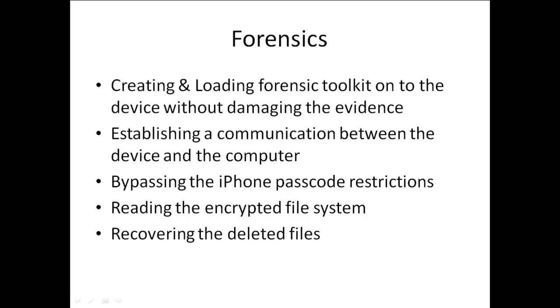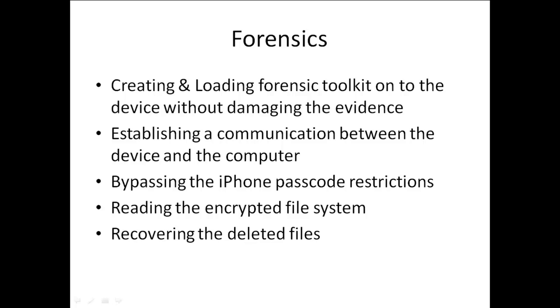Once we establish a communication, we have to bypass passcode restrictions on the device so that we get access to file system of the device. But the file system is encrypted, so we have to find a way to decrypt the files and view it. And the final stage in iPhone forensics is recovering the deleted files.